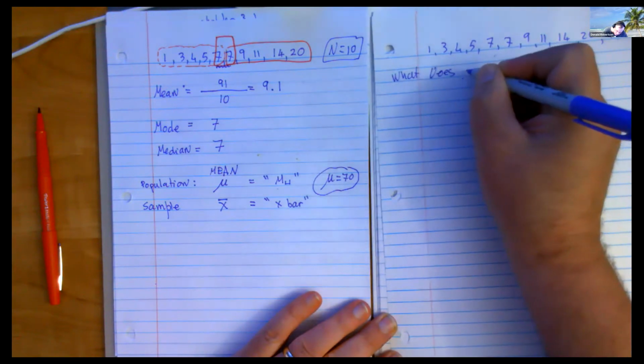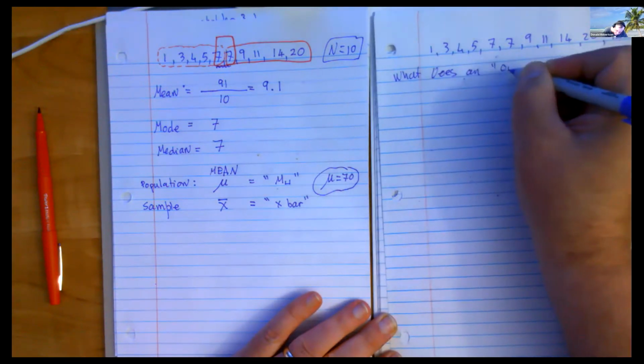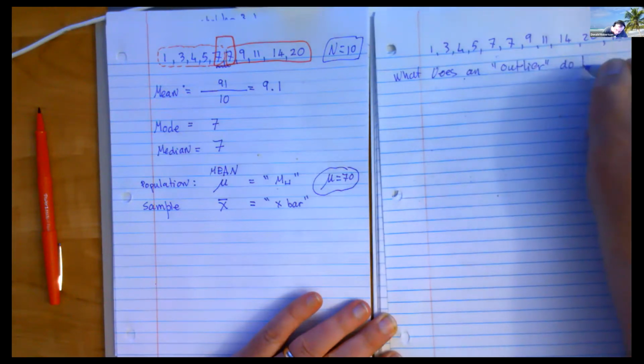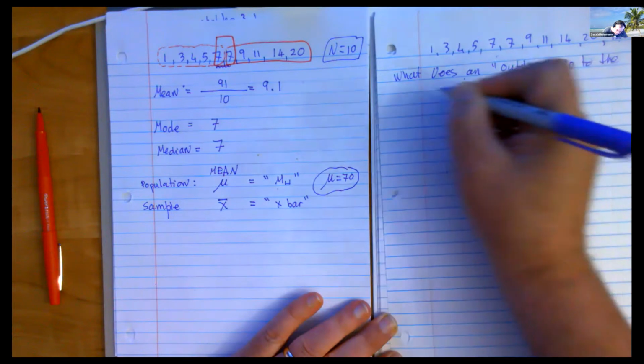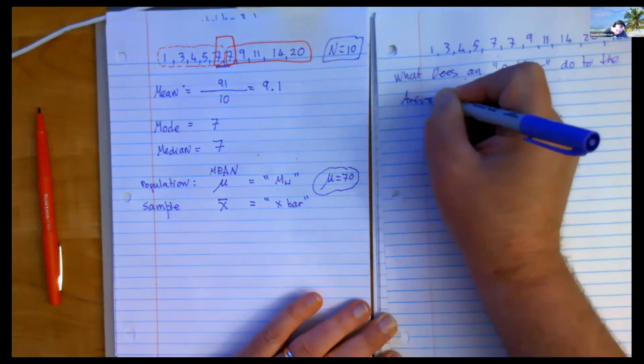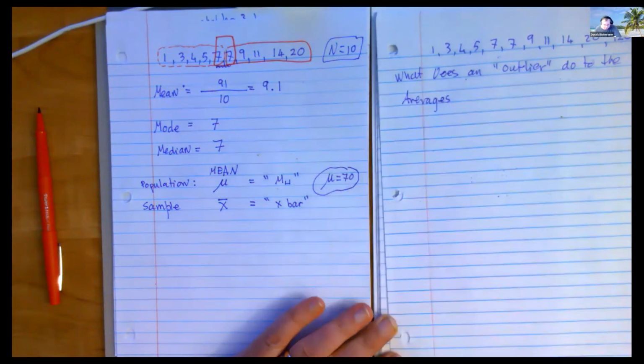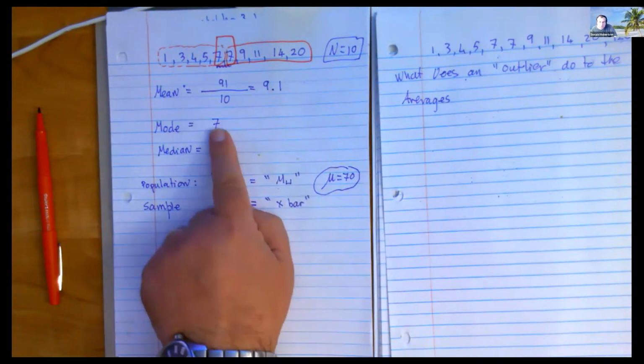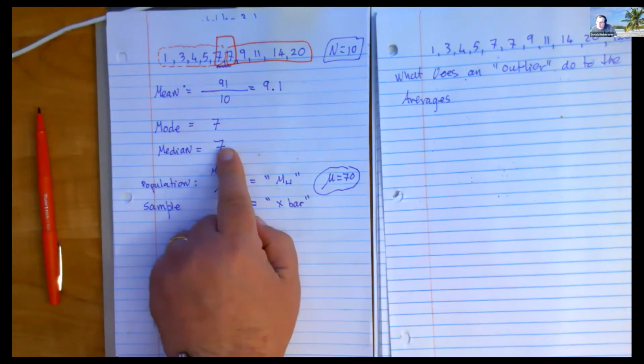What does an outlier do to the averages? So this is the mean before the outlier came, this is the mode before the outlier came, and this is the median before the outlier came.